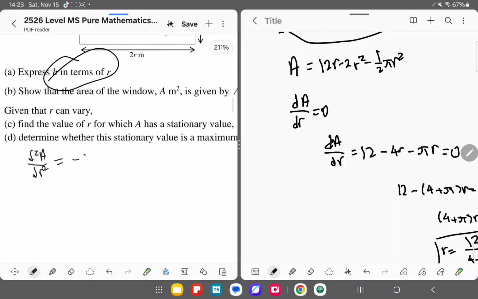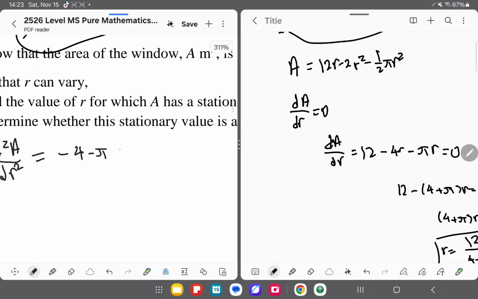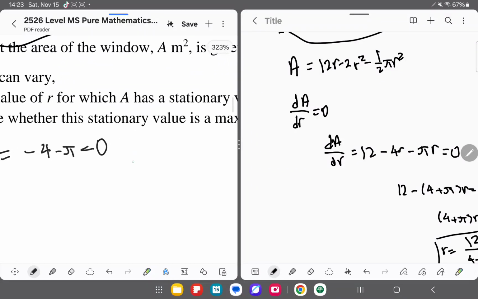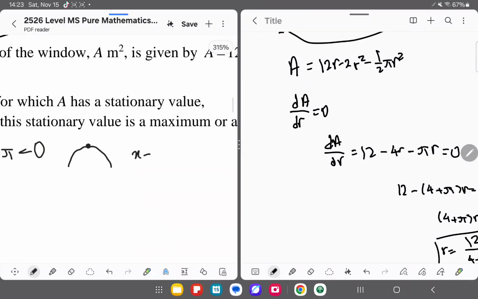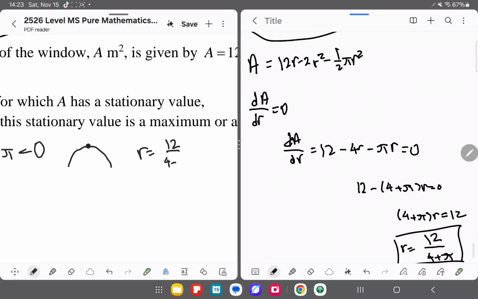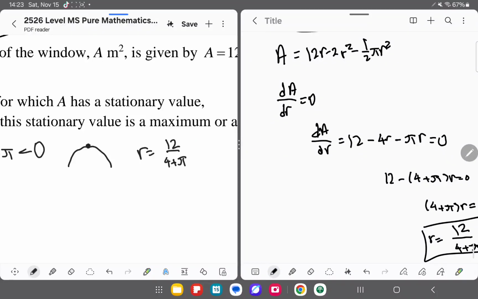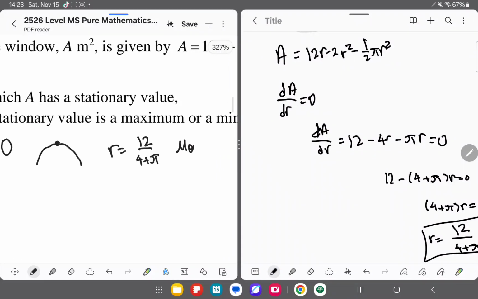We'll get minus 4 minus pi, which is less than 0, and it's concaving downward if it's less than 0, meaning that r equals 12 over 4 plus pi is a maximum, because it's concaving downwards.